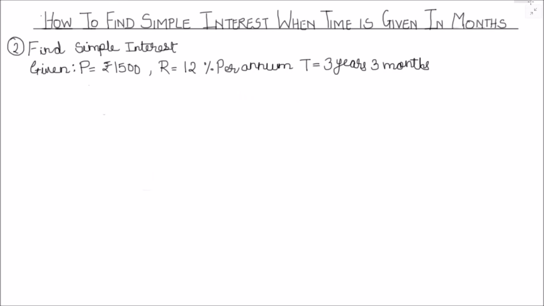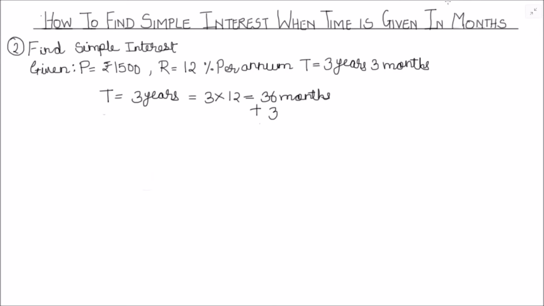As in our previous question, we will first convert our time period into years. Time period given here is 3 years 3 months. So 3 years is 3 times 12 months, which is equal to 36 months, plus 3 more months is given, 3 years 3 months.